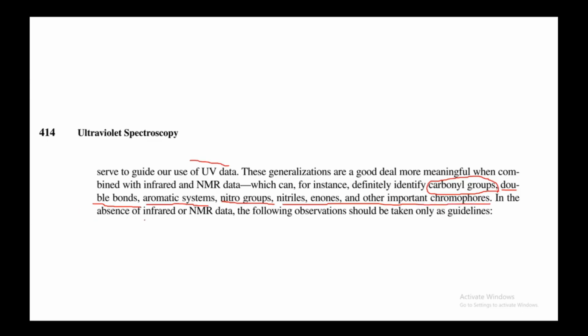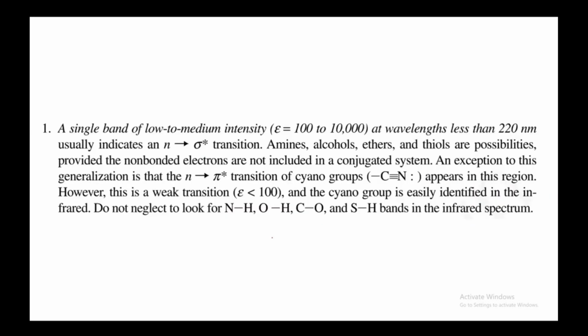In the absence of IR or NMR data, the following observations should be taken only as guidelines. Number 1. A single band of low to medium intensity, having molar absorptivity from 100 to 10,000 at wavelength less than 220 nanometers usually indicates an n to sigma star transition.